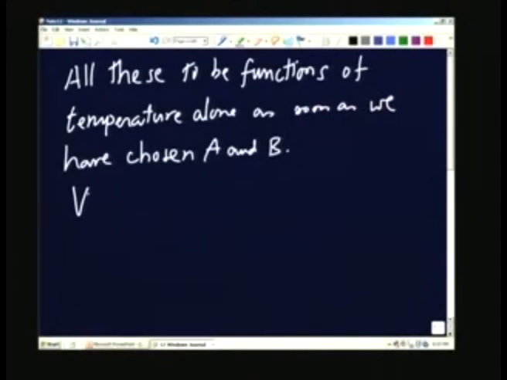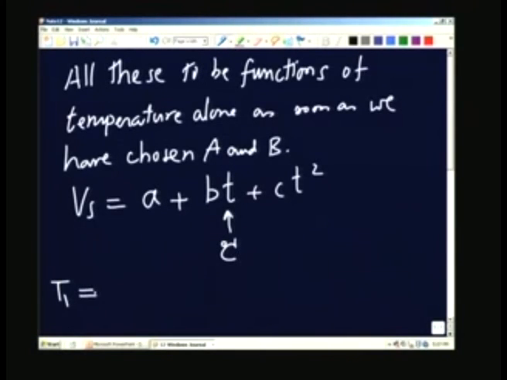Let me just take a simple expression for Vs. Suppose I take Vs equal to some constant A plus B times T plus C times T squared, where I will take T in degrees Celsius. I will take in the earlier case T1 and T2 over there. I will take T2 equal to T, and T1 as 0 degrees centigrade or the ice point.